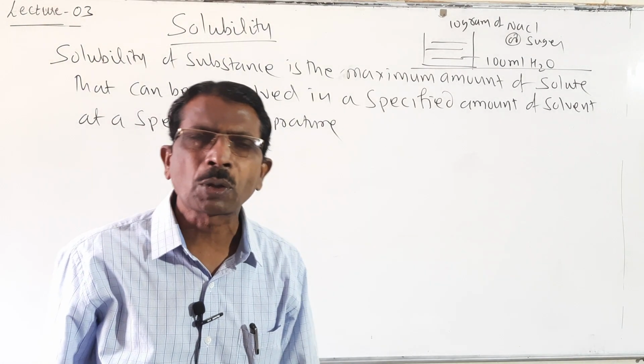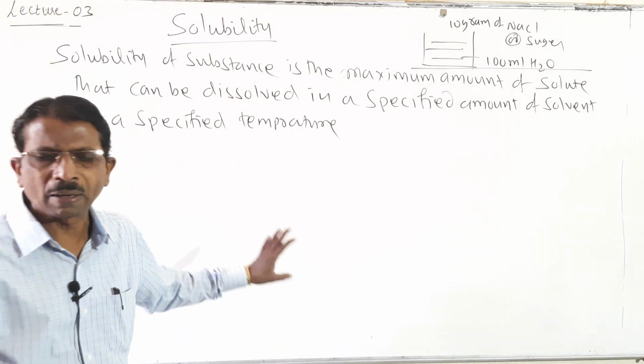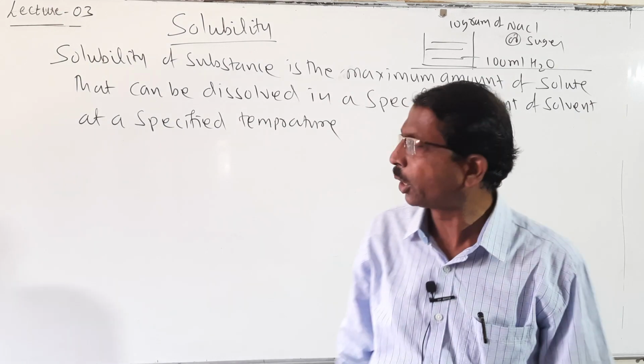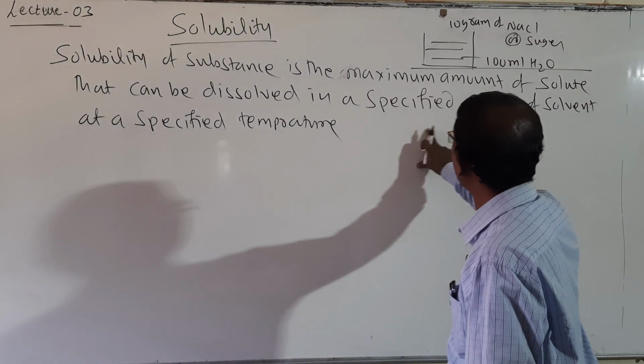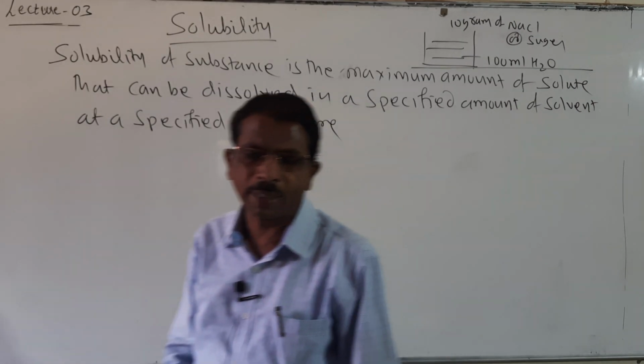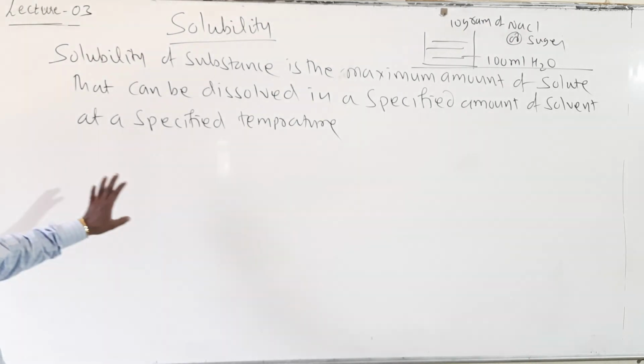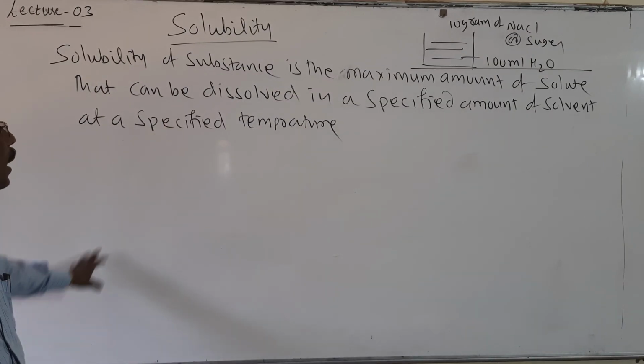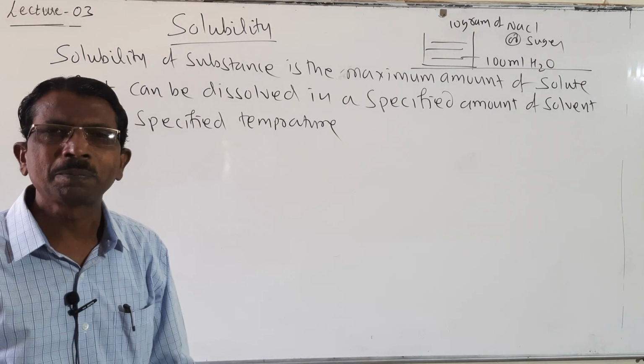It is called solubility. Look here students, solubility of a substance is the maximum amount of solute that can be dissolved in a specified amount of solvent at a specified temperature. So, this is the definition of solubility.